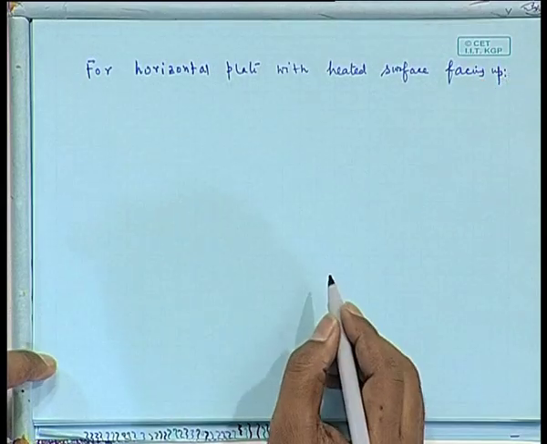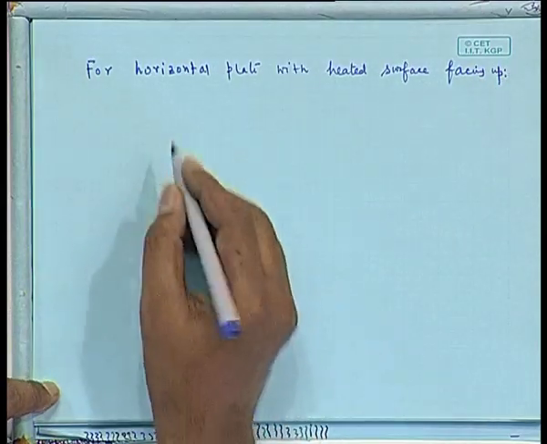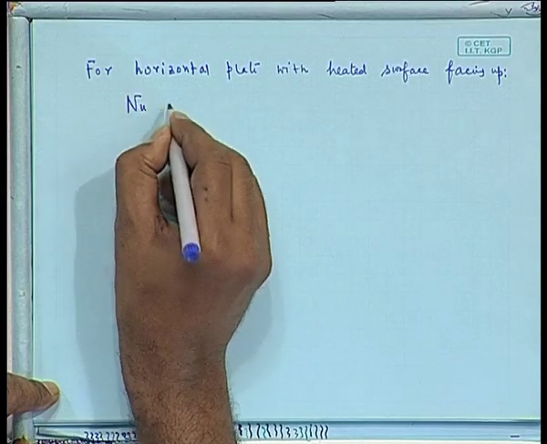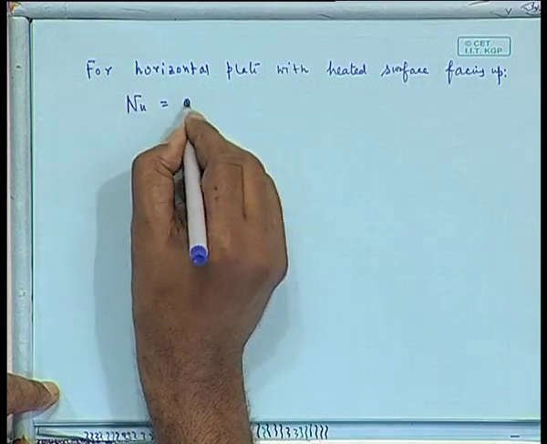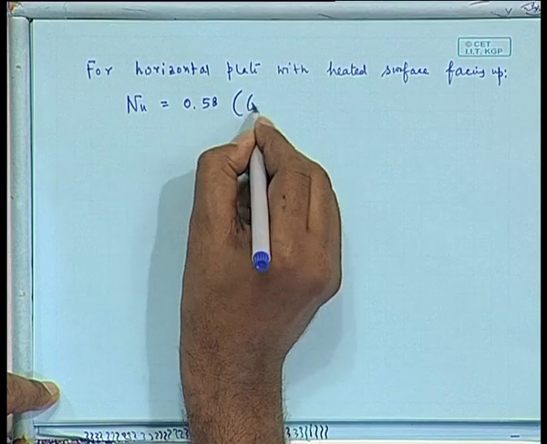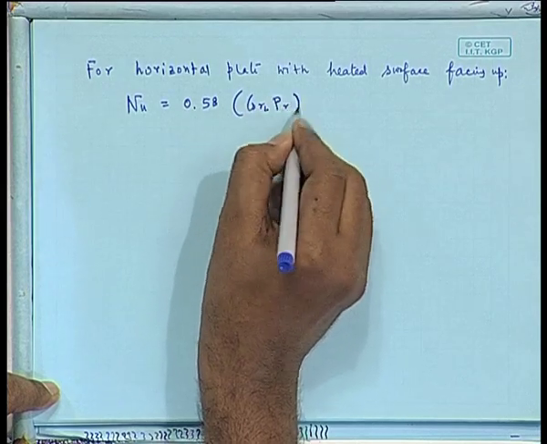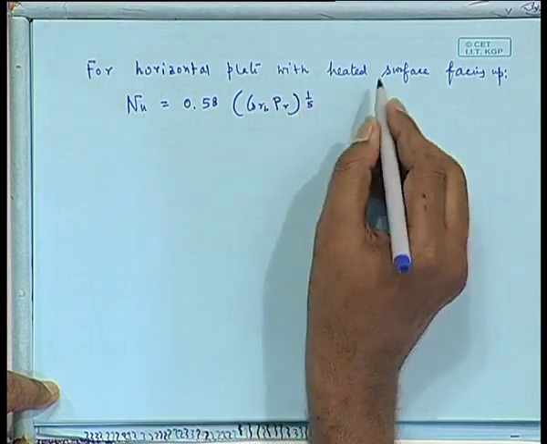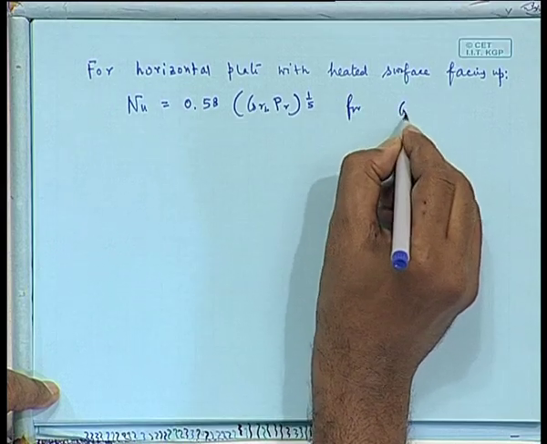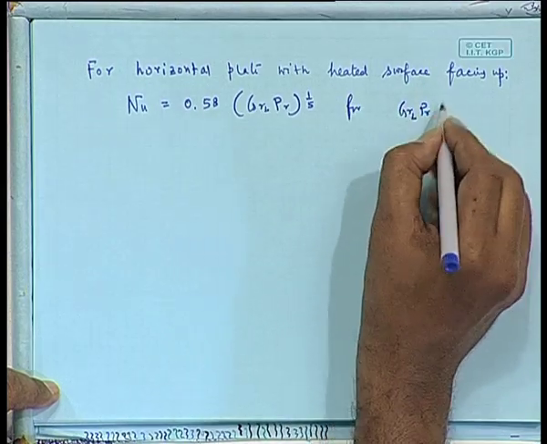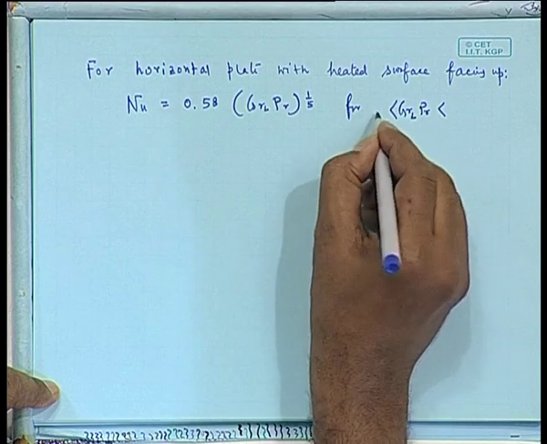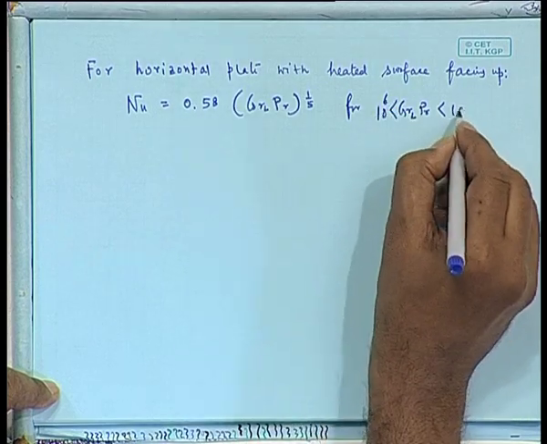For horizontal plate with heated surface facing up, the correlation will be 0.58 Grashof-Prandtl raised to the power 1 upon 5 for the range 10 to the power 6 to 10 to the power 11.